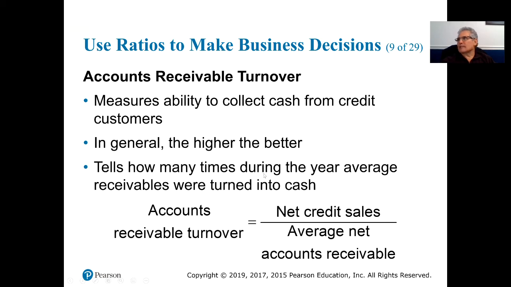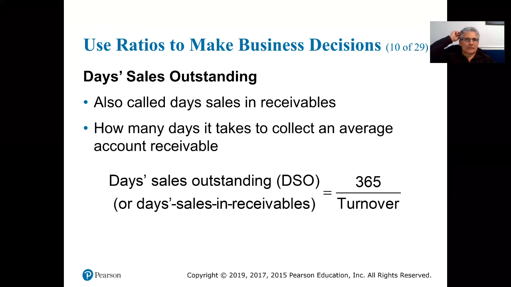Now we can take one step further with this and figure out, okay, what is the days sales outstanding? In other words, the number of days that it is taking us on average to collect our accounts receivable. Well, the way we compute this is we take 365 and divide it by the turnover rate.